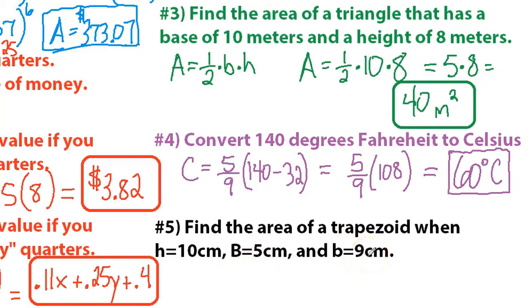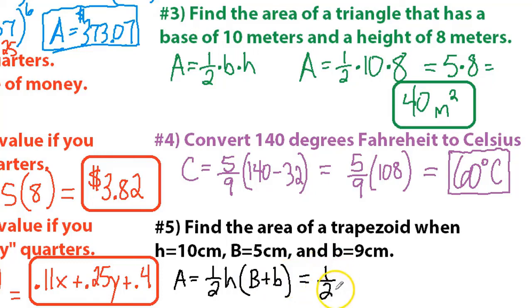Okay, to do that, we're going to have to find a formula in section 2.2. The formula is A equals 1/2 h, big B plus little b. Let's go ahead and plug in the given values. We know that the height is 10, so it's 1/2 times 10. Big B is 5, and little b is 9.